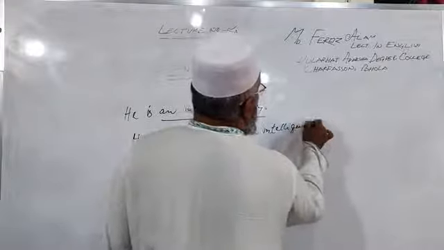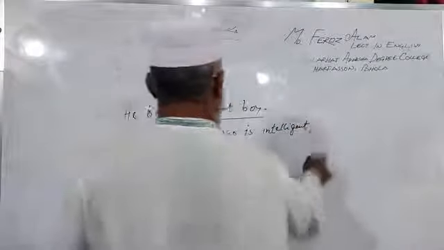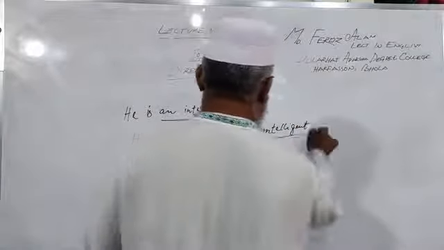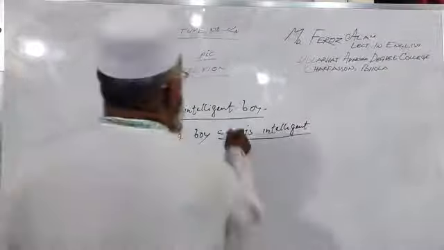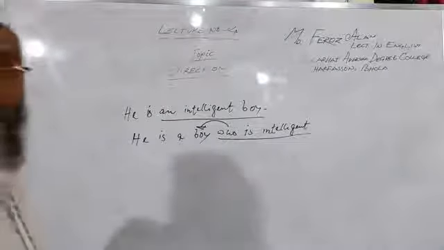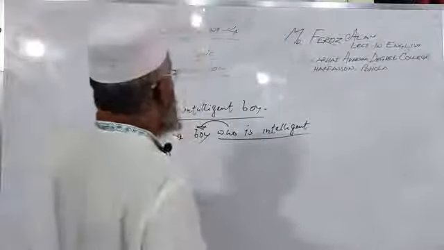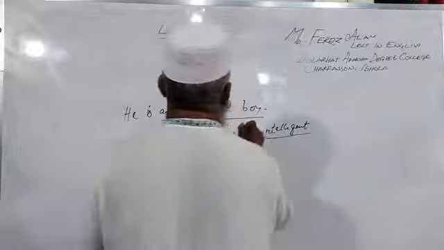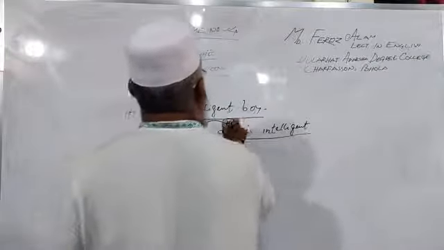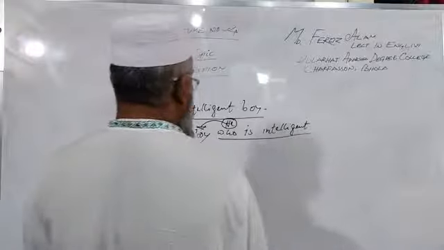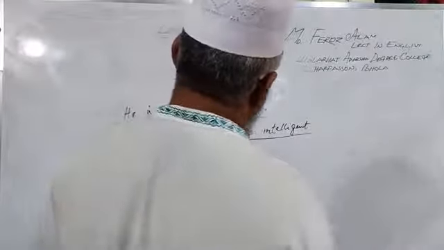Here, this is a relative clause, and the antecedent is the boy. In place of who, relative pronoun. Here we find he. In place of he, you have to use a relative pronoun.